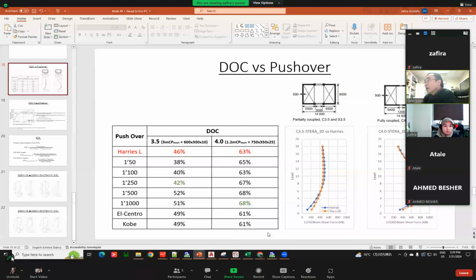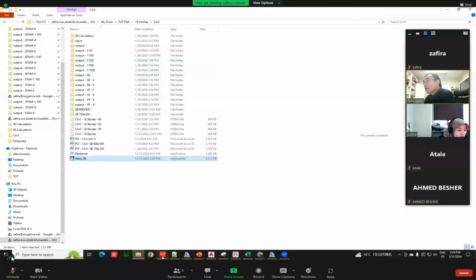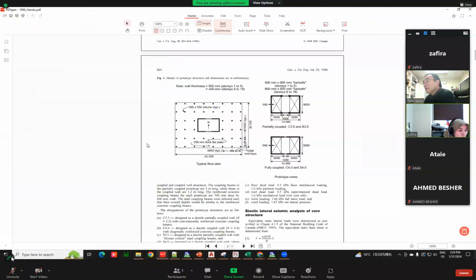So you assume a steel beam, yes, but in the original Harris design, is it a steel beam? It has 4, Sensei: 2 concrete beams and 2 steel beams. I can show you this one.